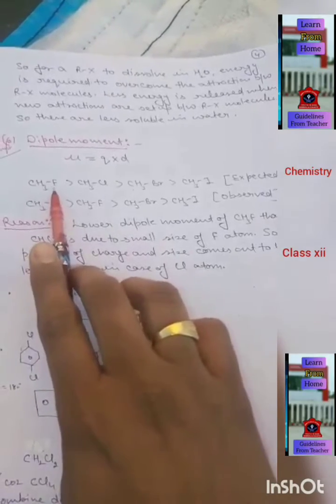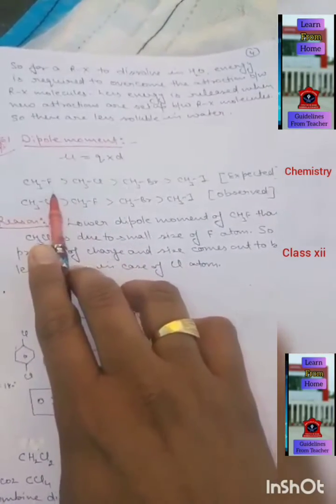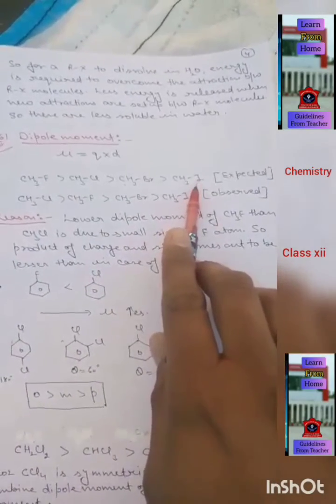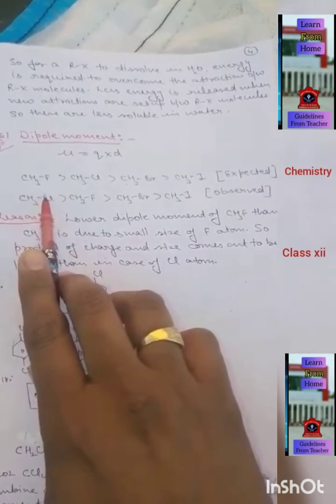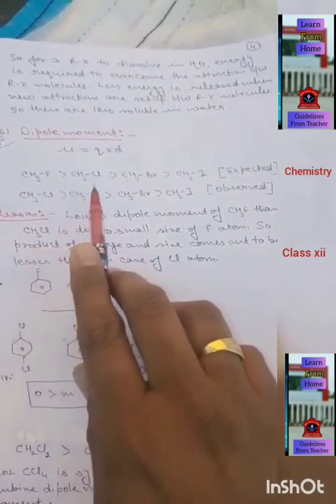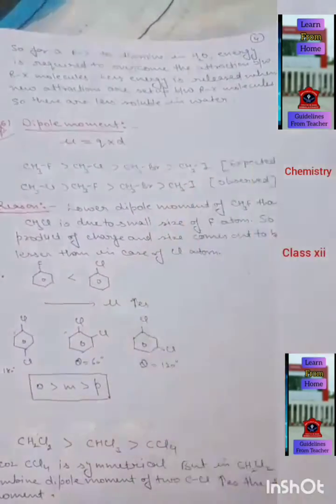Electronegativity of the fluorine atom is higher than the chlorine atom, and as we move from fluorine to iodine, electronegativity decreases. So the expected order of dipole moment will be CH3F highest, then CH3Cl, then CH3Br and then CH3I. But there is an exception.